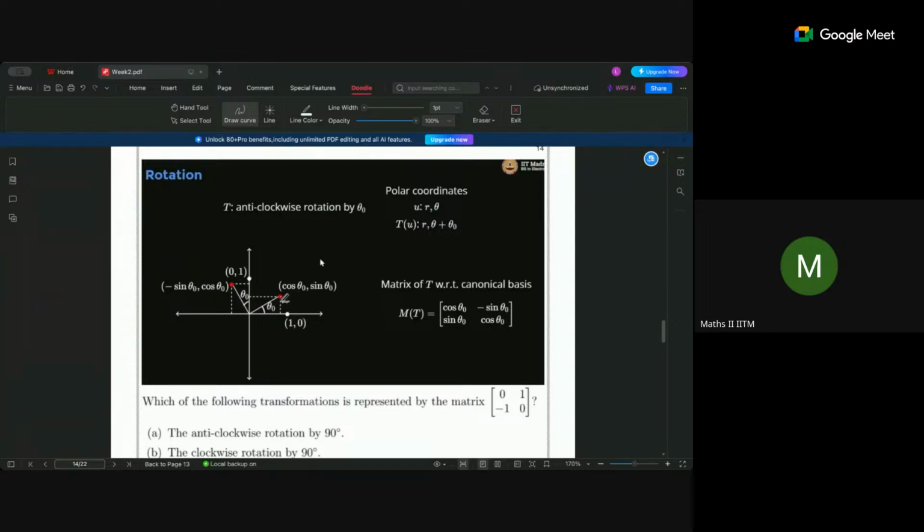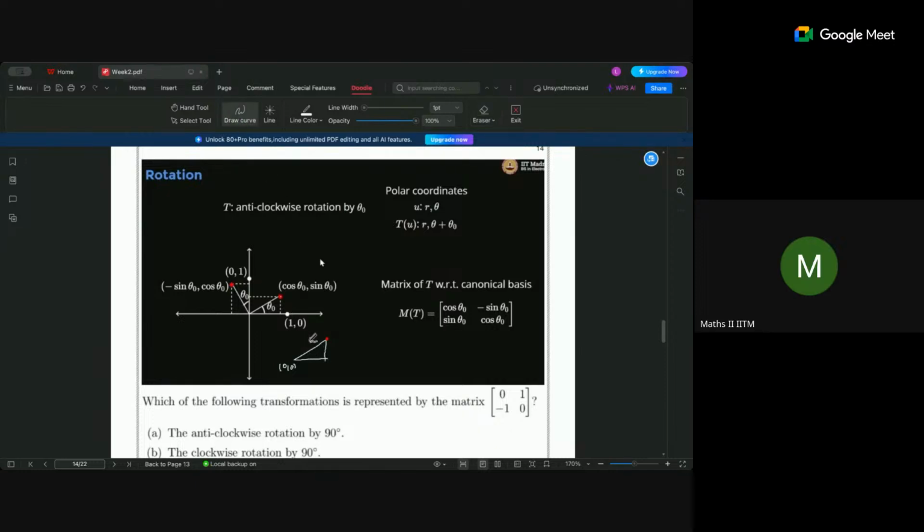You are just rotating, so will the magnitude change? No. What is the magnitude of this part? This is your origin. So what is this part here? 1, right? So this side is 1. Now here you have theta naught. I don't know whether this looks like 1.